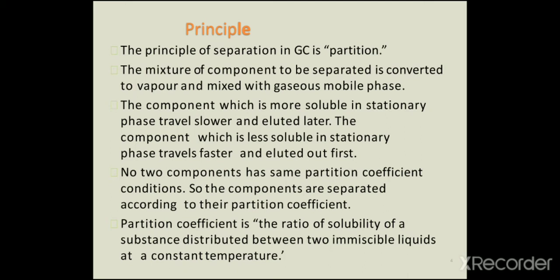In the column the stationary phase is present, so the components will get solubilized into it. Such components will travel slower and elute from the column later. The component which is less soluble in the stationary phase will travel fast and elute out from the column first.